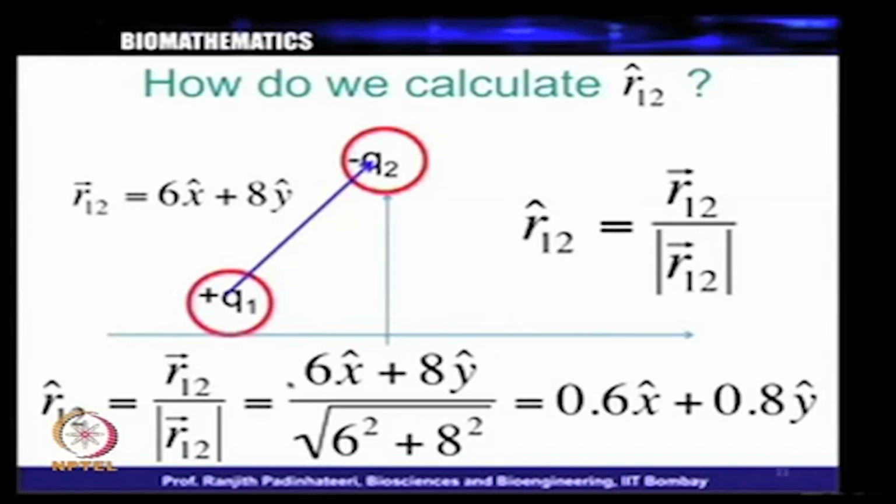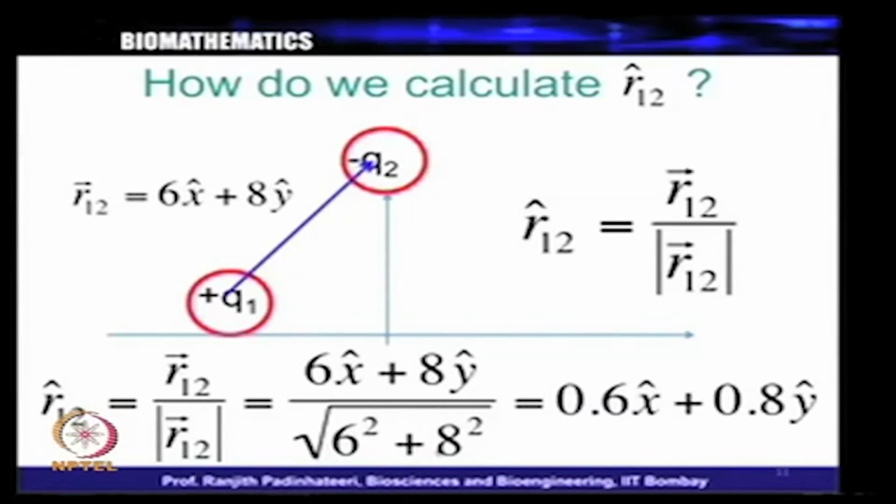Mod of r12 is the root of 6 squared plus 8 squared. 6 squared is 36, 8 squared is 64, so 64 plus 36 is 100 and the root of 100 is 10.